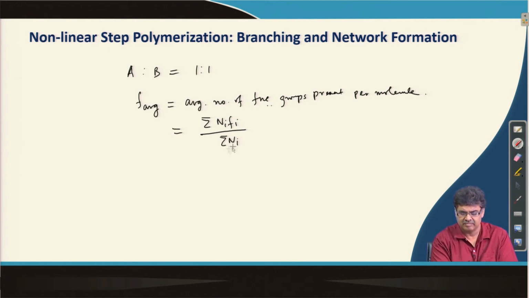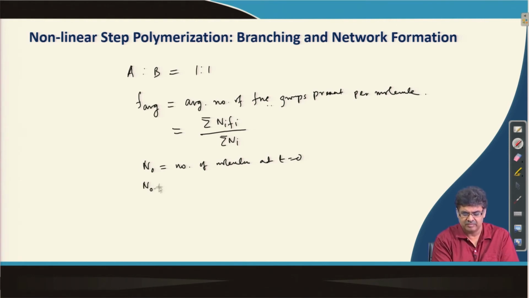N_i is the number of molecules with functionality f_i, and the denominator is the total number of molecules. So at the beginning we have N_0, the number of molecules at t equal to 0, and N_0 times f average would be the number of functional groups at t equal to 0.